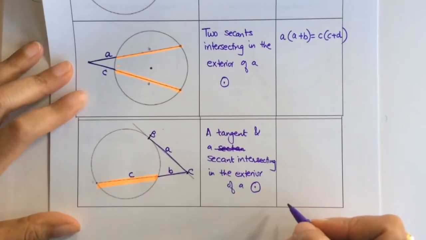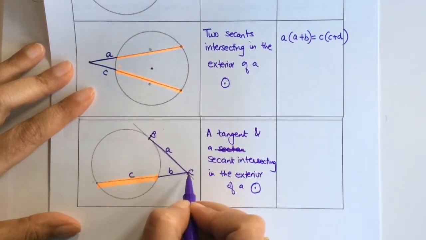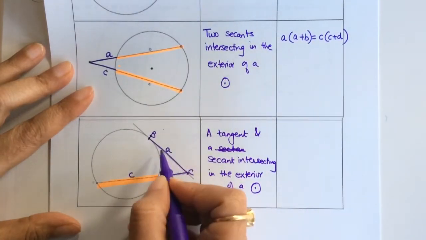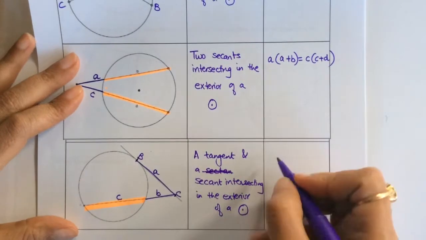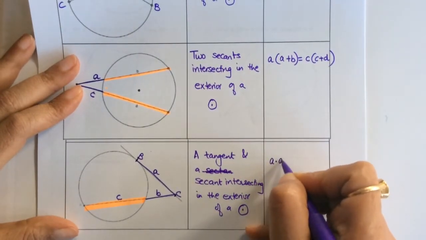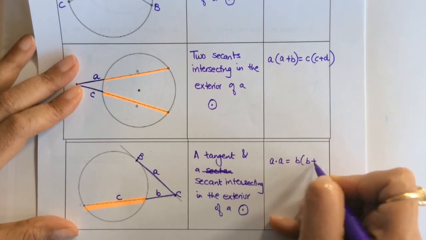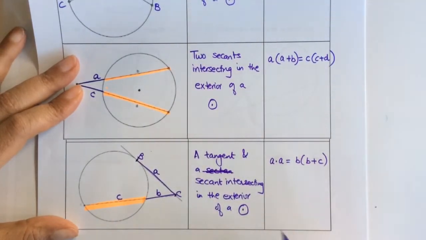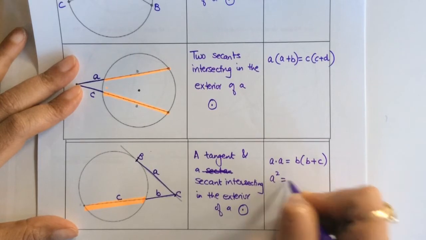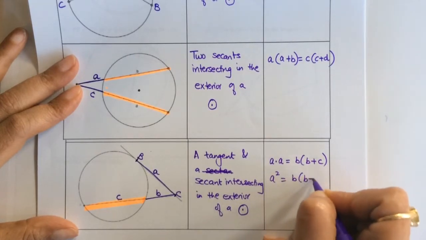In this case, from B to C, it is A. So it is basically A times A is equal to B times B plus C, or A squared equals B times B plus C.